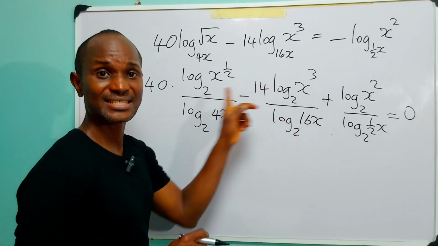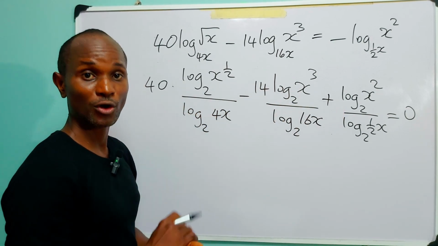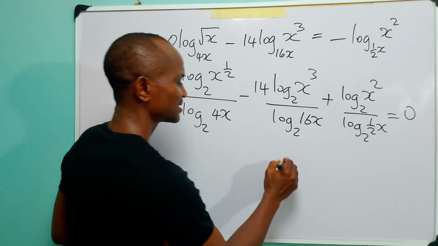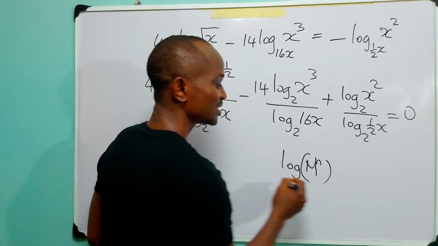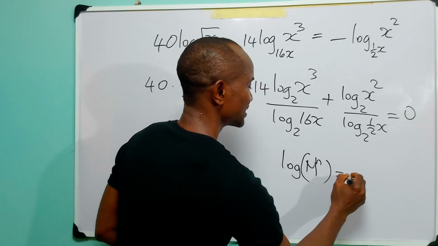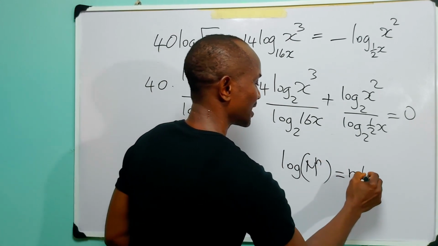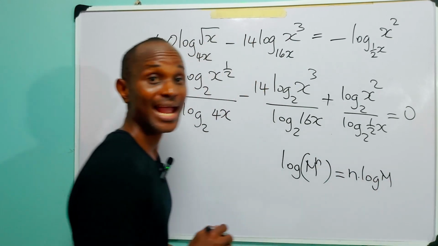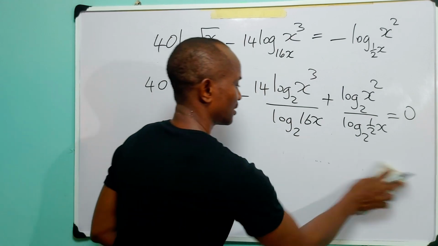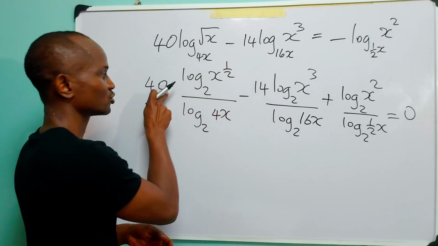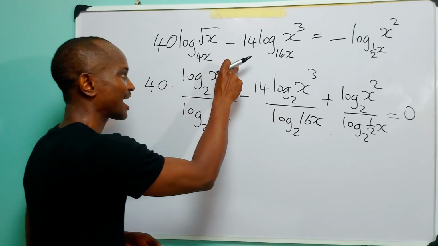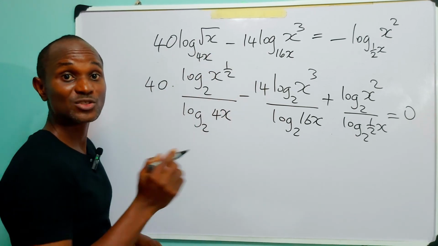Next, to simplify this expression, let us apply the power law of logarithms. That law states that log m raised to power n is equal to n multiplied by log m. Applying this law, we can bring down this half to multiply, and you know that half times 40 is 20.